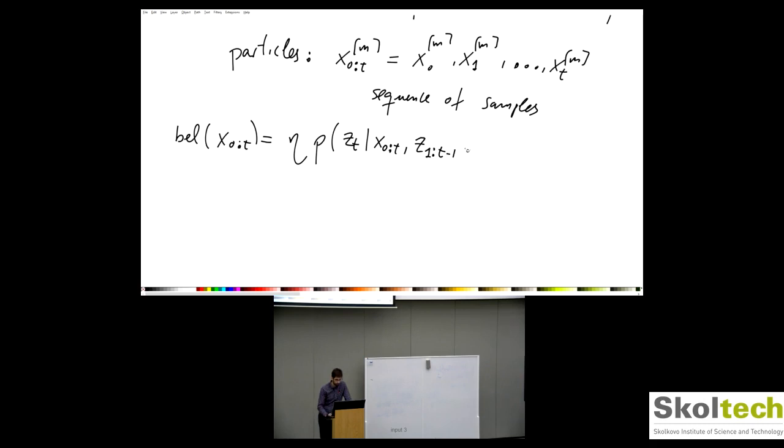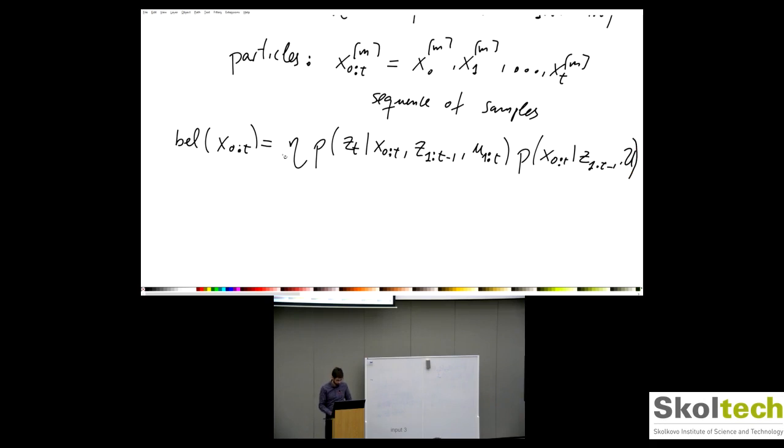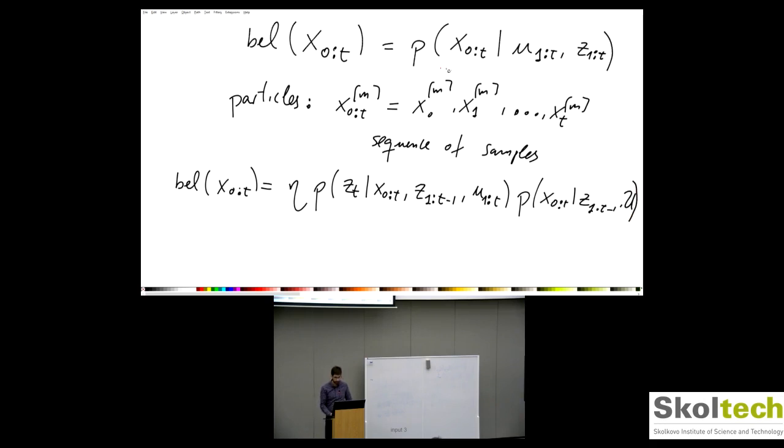And then we are going to be conditioning against all the other things, and then we have all the actions. And then what else do we need? Basically we need our prior on z at t minus 1, and then all actions. Okay, so this is Bayes' theorem from this one.